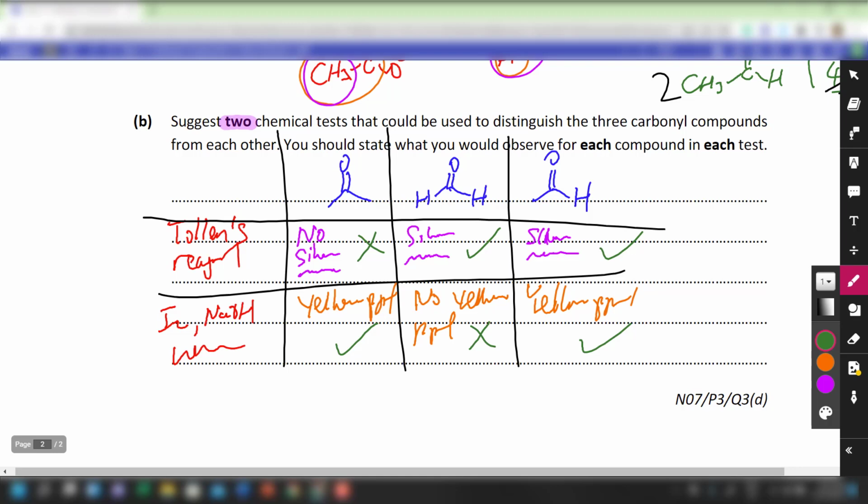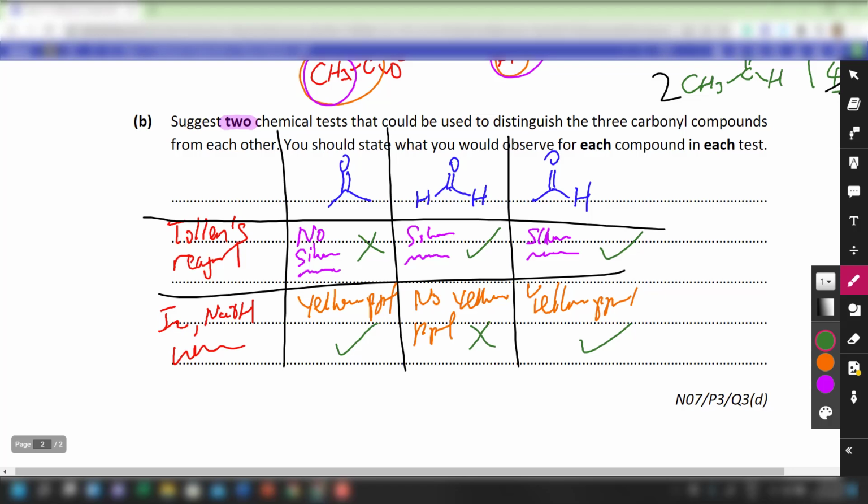For methanol, it only gives you a positive test with Tollens reagent, and for propanone, it only gives you a positive test with iodine, warm, in sodium hydroxide. So this table alone allows us to distinguish between all three compounds despite only carrying out 2 tests.